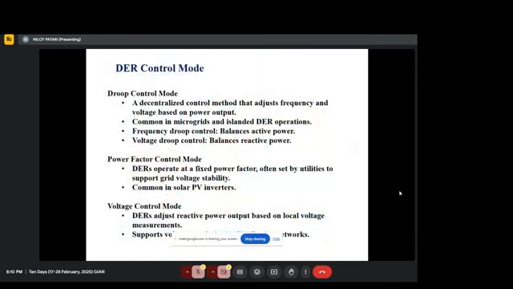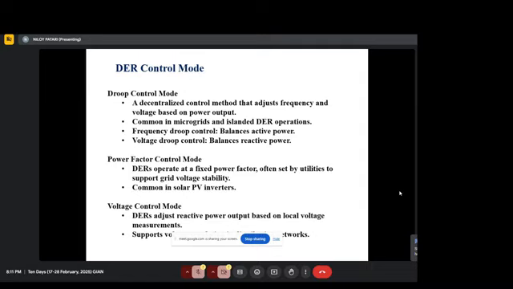So there are different DER control modes that we have in power systems. Droop control mode, as you know, is a very classical control mode for synchronous generators in power systems. It controls active power flow depending on the frequency, and balances reactive power depending on the voltage.